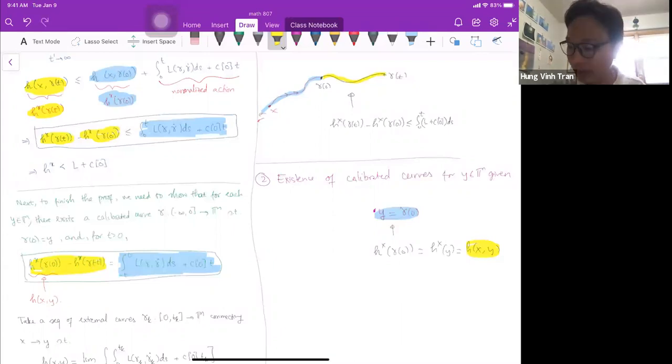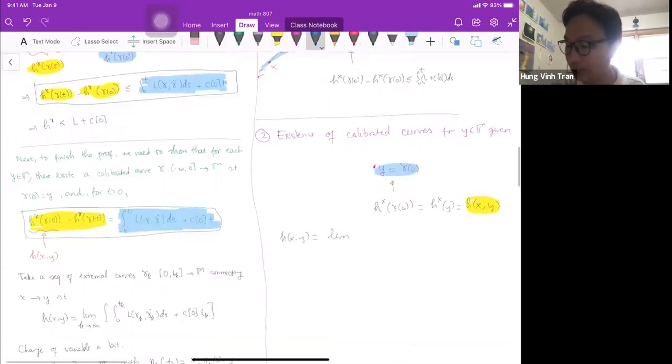And from h of xy, what we have is that h of xy is going to be equal to the limit as k goes to infinity of a given sequence of extremal curves that we can find based on the previous proposition, L of gamma k dot, plus C naught of tk, right?